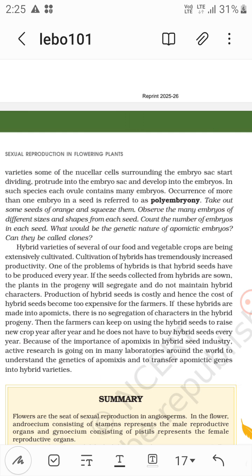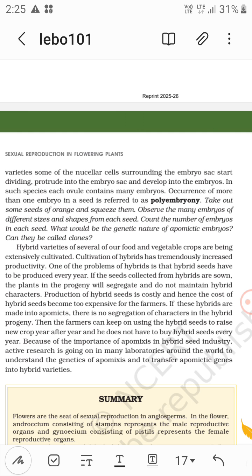Now hybrid varieties of several of our food and vegetable crops are being extensively used, right? Cultivation of hybrids has tremendously increased productivity, and one of the problems of hybrids is that the hybrid seeds have to be produced every year.